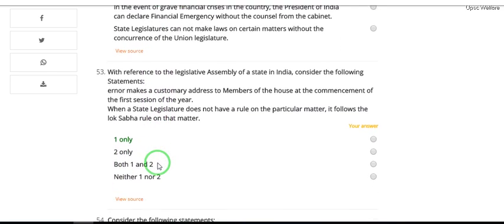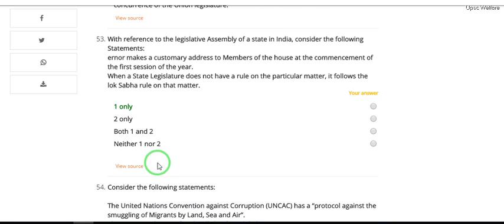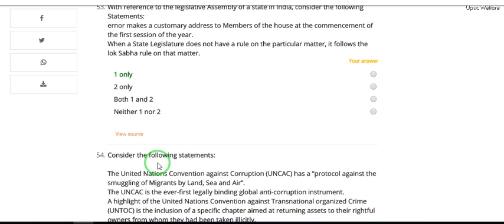That's all. Now question 53: with reference to the Legislative Assembly of a state in India, consider the following statements. The Governor makes a customary address to the members of the House at the commencement of the first session of the year.